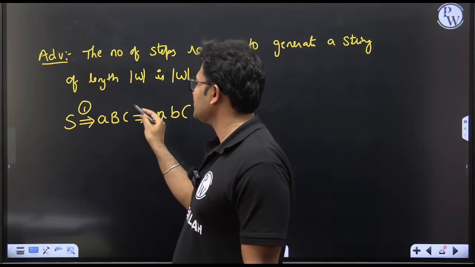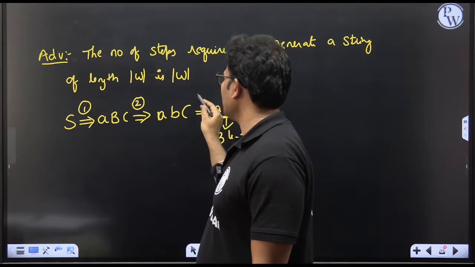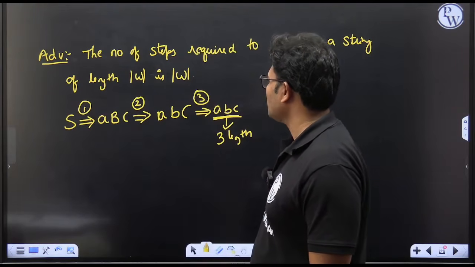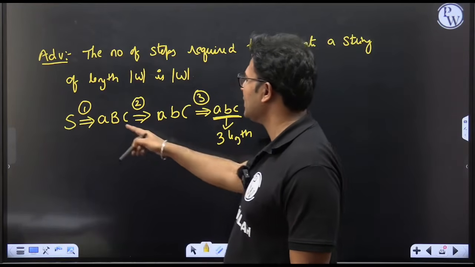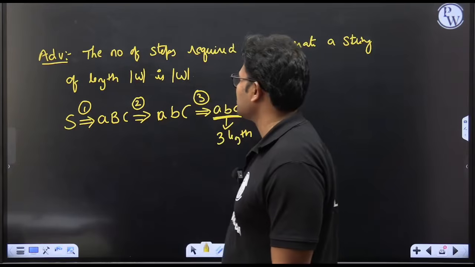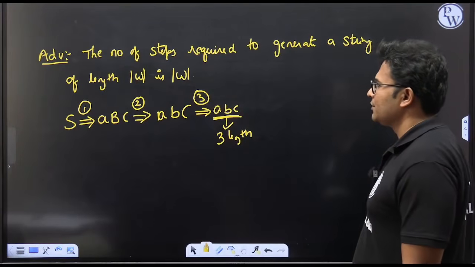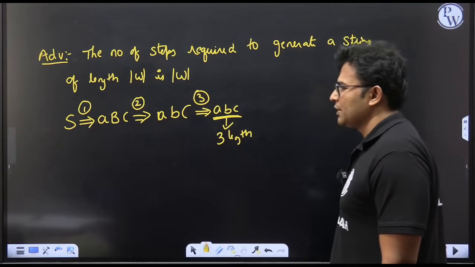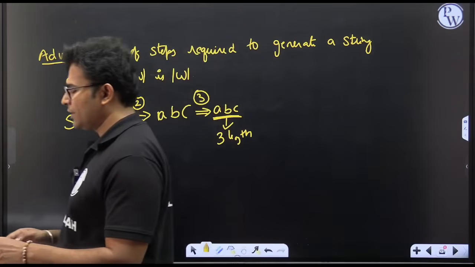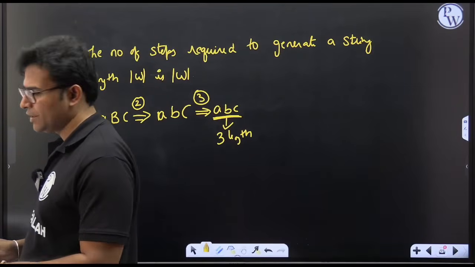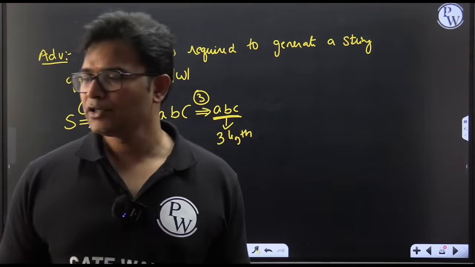We had 1 step, 2 steps, and 3 steps. In order to generate a three-length string, we have 3 steps. So this is the advantage of GNF.